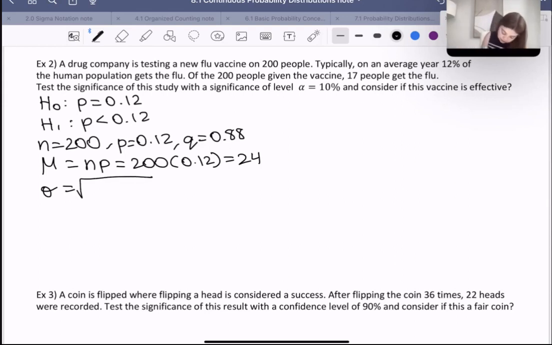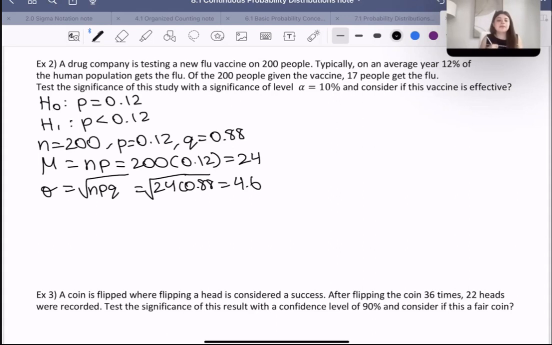Standard deviation would be the square root of NPQ, which is 24 times 0.88, which is what? I don't know. Let's type that in. 4.6. Good.